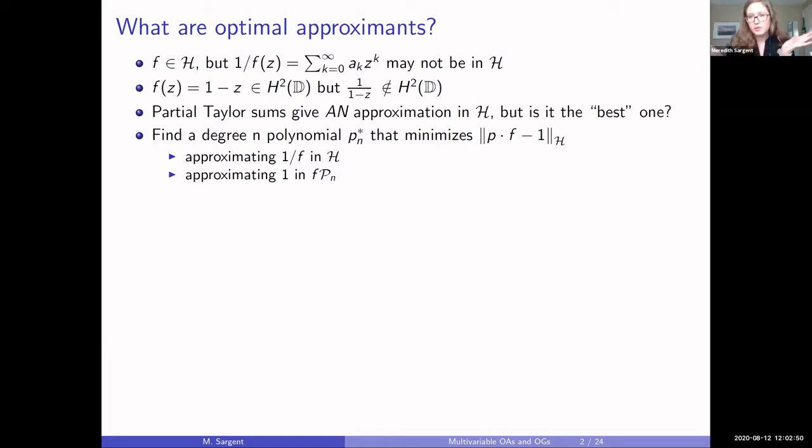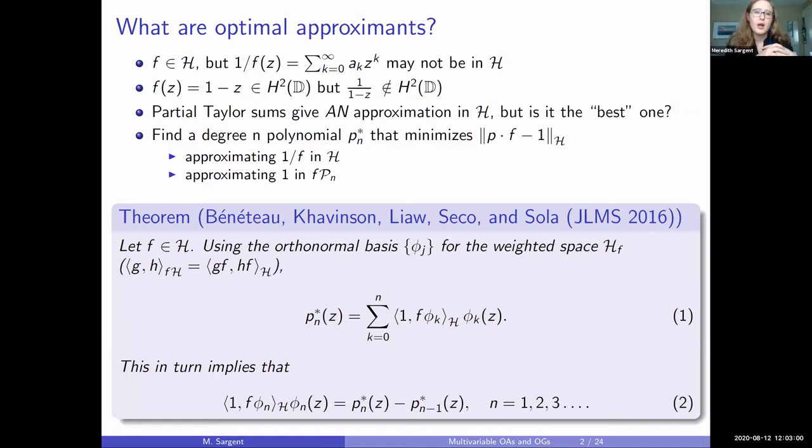Okay, optimal approximants, cool. But my talk is also about orthogonal polynomials, which means I should probably explain why these two go together. There's a nice theorem from Arveson, Leah, Secco, and Sola, and I've written it in some generality here. Basically, it kind of makes sense. You're talking about an optimal approximant, a closest point. There should be some relationship to orthogonality here.